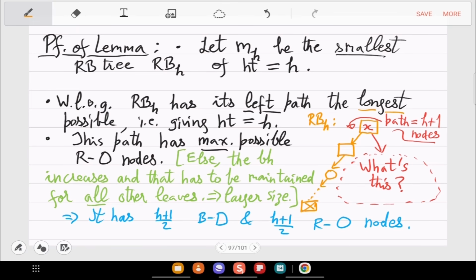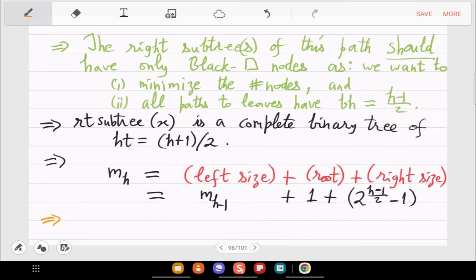It was just an example. So the statement that you need is the longest path, which has h plus 1 nodes. How is the distribution in that path? It is not a statement about the root. It's only a statement about the distribution of red versus black in a path.